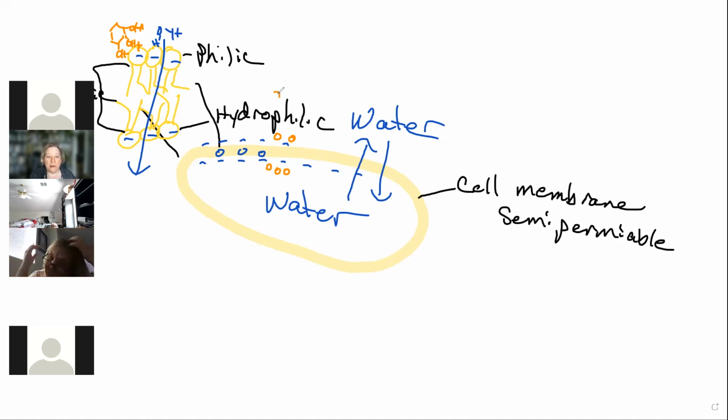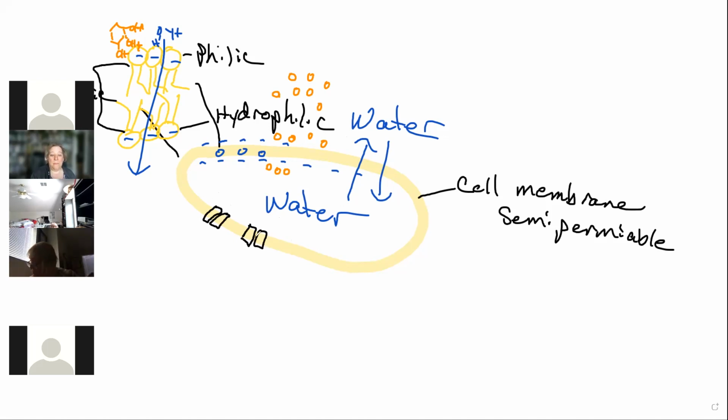So if I have a bunch of sugar out here, the cell wants that sugar, it wants to eat that sugar, but it can't get past the semi-permeable membrane. So we have more than just phospholipids in the membrane. We have transporter proteins that can let things pass this membrane.